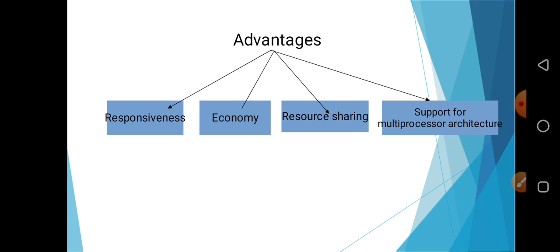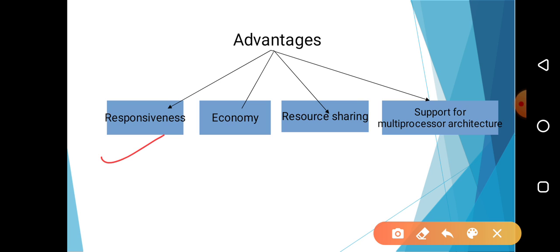Multi-threading system. What are the advantages of it? First one is responsiveness. If one thread fails, another one is there to take charge of it. So this is called responsiveness. Economy and resource sharing are related to each other. As I said, threads share the resources of the process only.